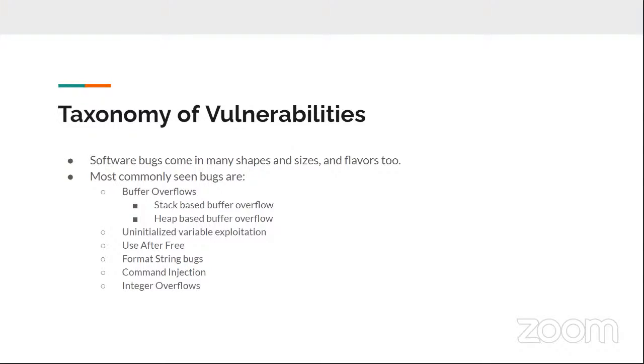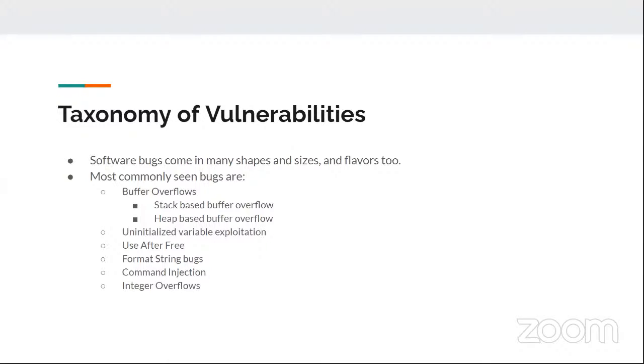Now, of course, it depends how the variable is being used. If it is just being used to add two numbers and then that is printed on screen, then that is a different scenario that would not be exploited. But if the uninitialized variable is a function pointer or something else, then that can be used to control the execution of the program.